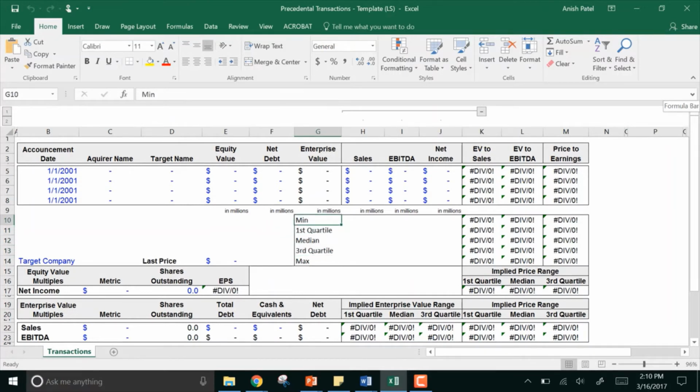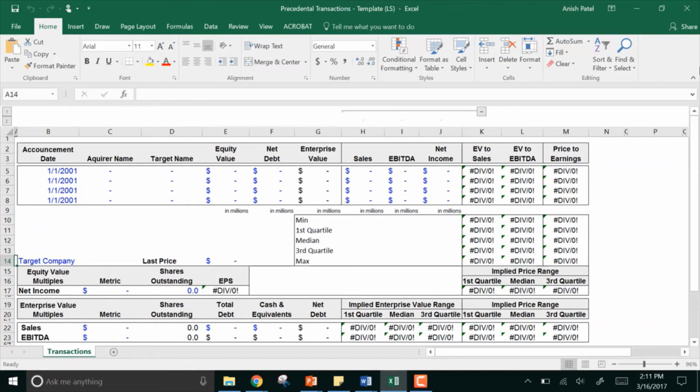It's really highly subjective on how much you want to limit your range. So this is done simply by taking the minimum of all of the EV to sales multiples of your peer transactions, first quartile, the median, third quartile, and the max. Similarly, it's the same for all the other multiples.